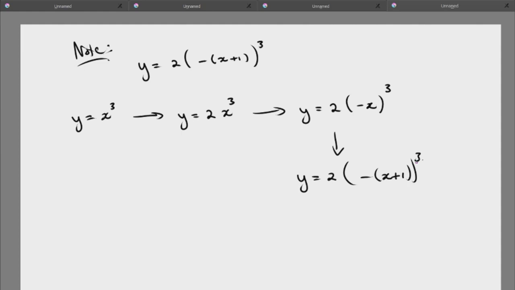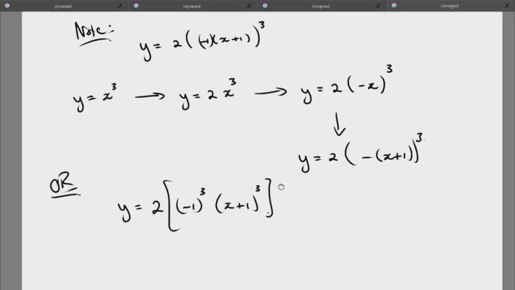But because of the polynomial and its properties, I don't have to. I could say, let's just simplify this. This is negative 1 times something else, all of that cubed. That means it's negative 1 cubed, and it's x plus 1 cubed.